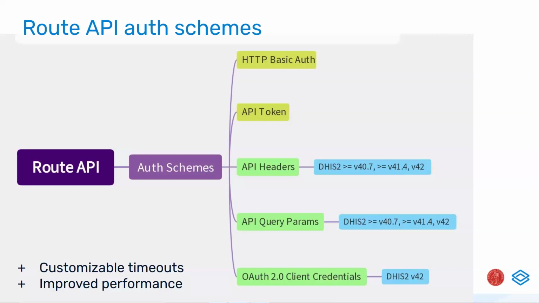For a long time, we've had basic authentication and DHIS2 API tokens to talk to other DHIS2 instances, and we've now added custom headers as well as query parameters, backported also to versions 40 and 41. And pretty exciting, in 42, we have the ability to do OAuth 2 client authentication with those backend services, which is something that is very often set up for services in government infrastructures, for example.